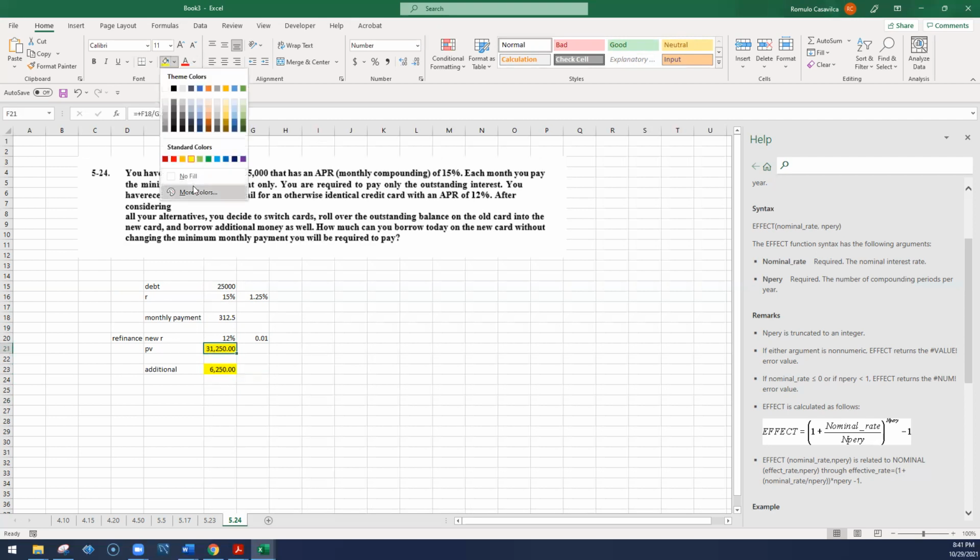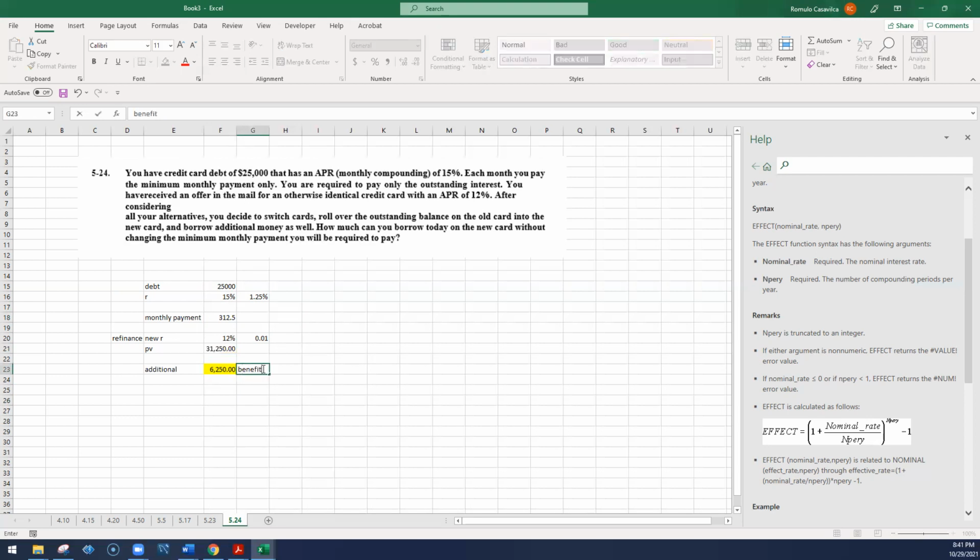So I guess this is like a benefit, because I'm borrowing more money and paying the same amount. It tells you you want to keep your payment of 312.5.